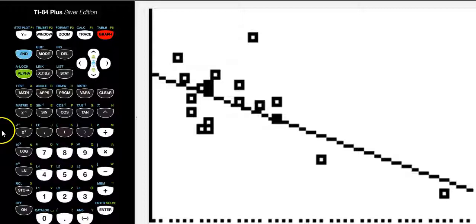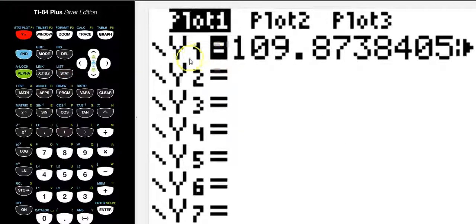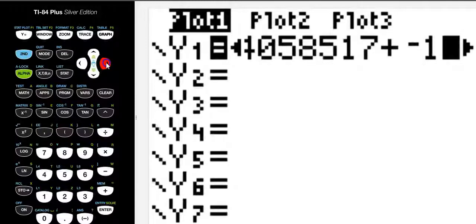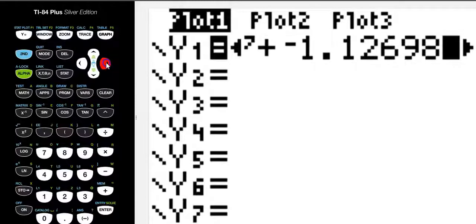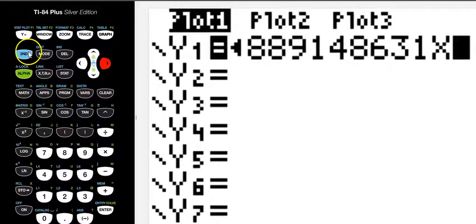Okay, so now we're going to look at the actual residuals. Now keep in mind, we do have our regression equation stored in Y1. That's going to come into play here. This is a very important thing to make sure you have there. If we don't have this in Y1, or at least one of the Y functions, we're going to have an issue in finding the residual.